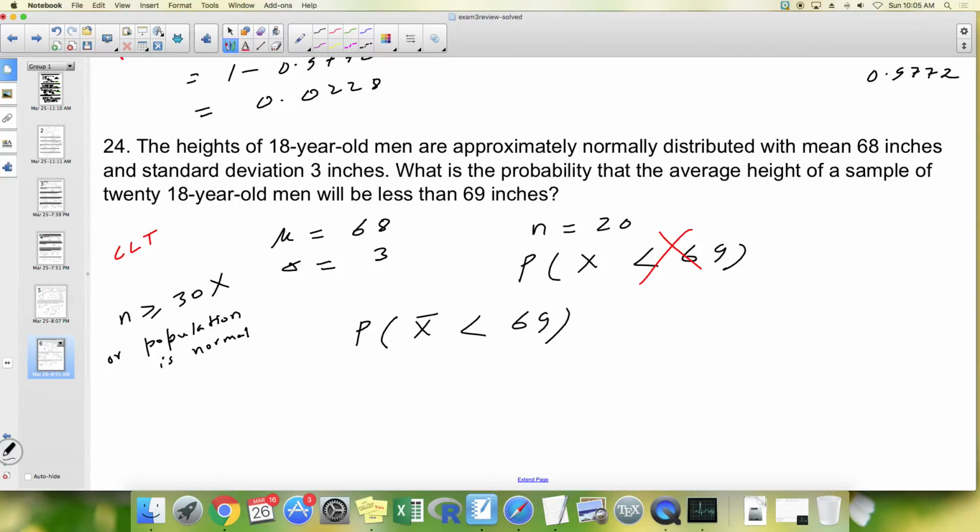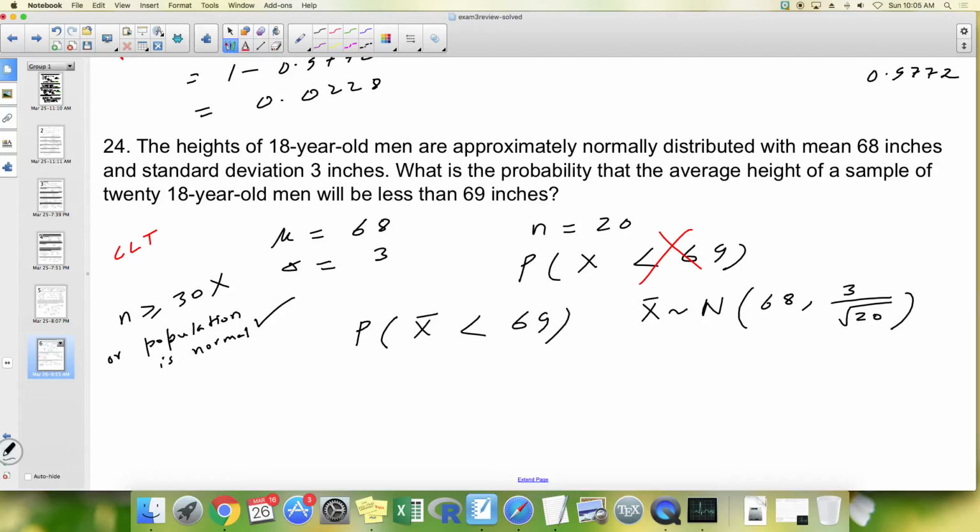That's not satisfied, but the population being normal is satisfied. So we can apply CLT, and CLT tells me that X bar follows normal with mean mu, that's 68, and standard deviation sigma by square root of n. Sigma is 3, square root of n means square root of 20.